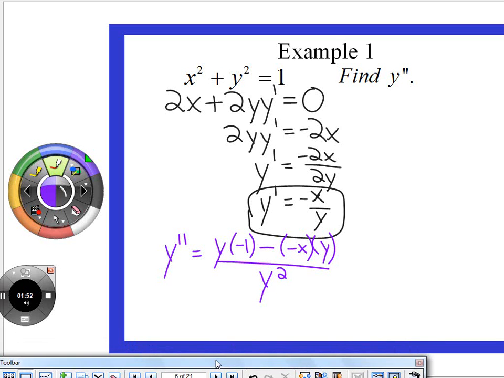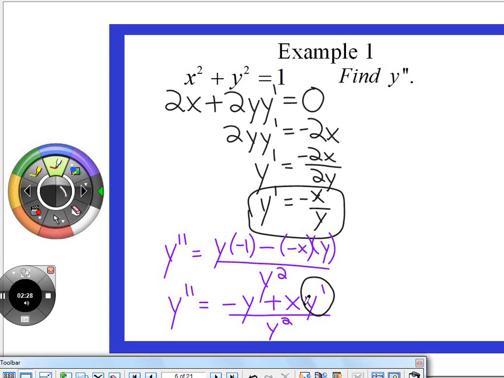So that would be the same thing as y double prime equals negative y, and then plus x y prime, and then over y squared. Okay, so that's at least what we have for y double prime. But we've got a y prime in there. So now, since we have a y prime in there, we're going to replace it with what we know y prime is.